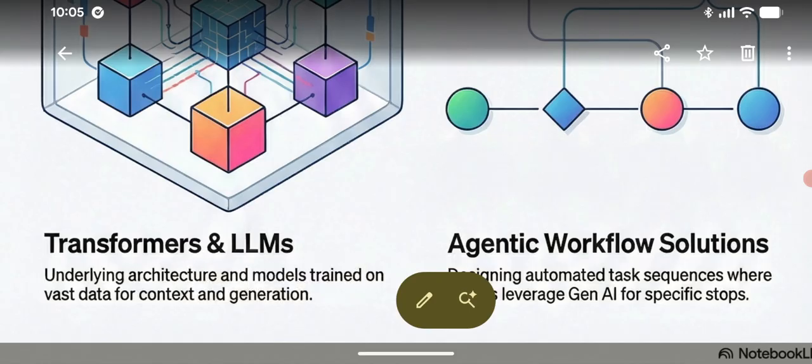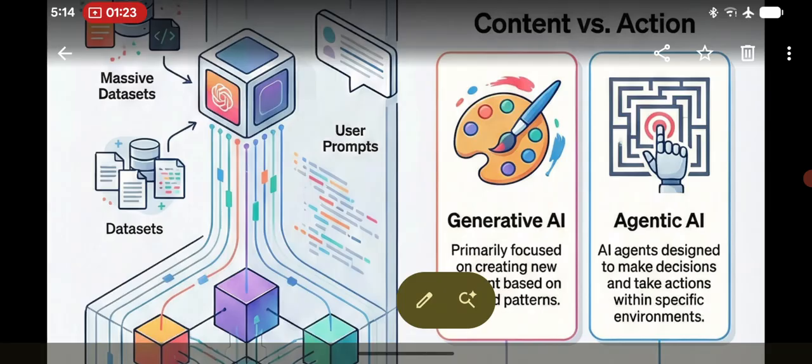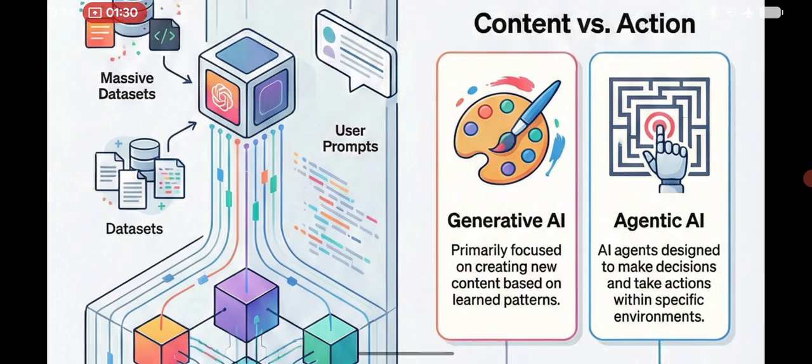The other building block is building agentic AI solutions or agentic workflow solutions, which use large language models. Large language models are built using transformer technology, and it uses neural networks, CNN, RNN.